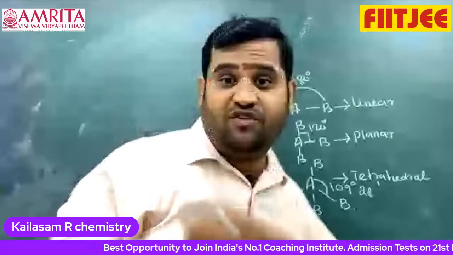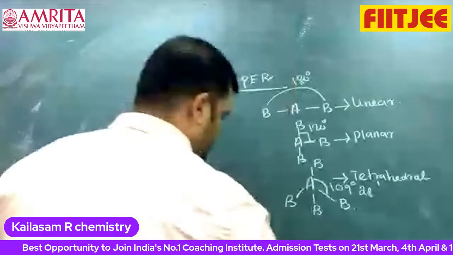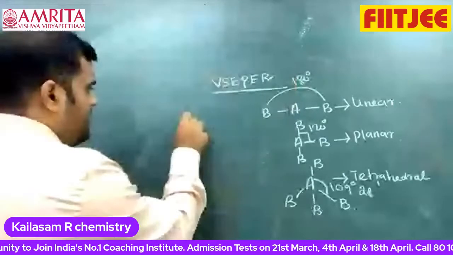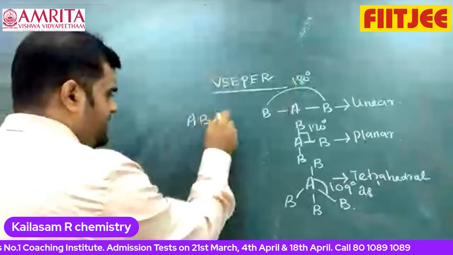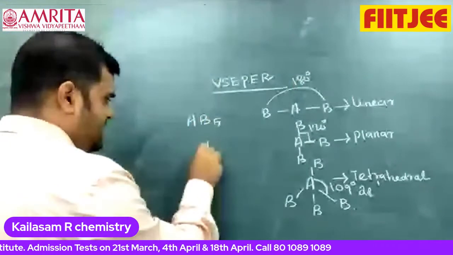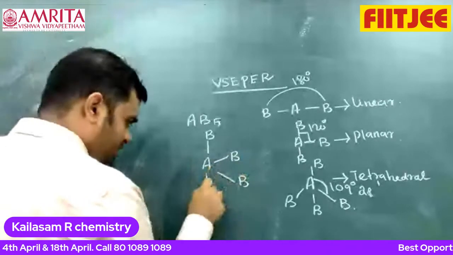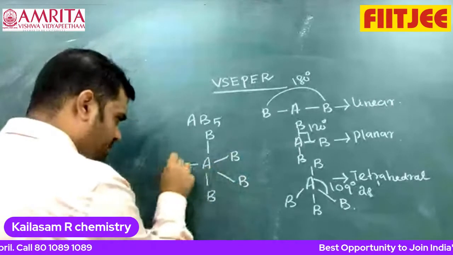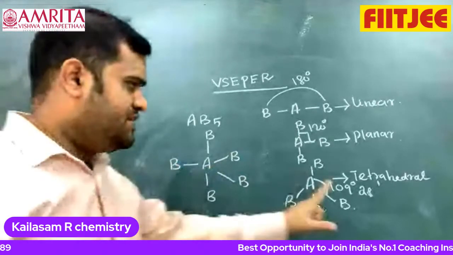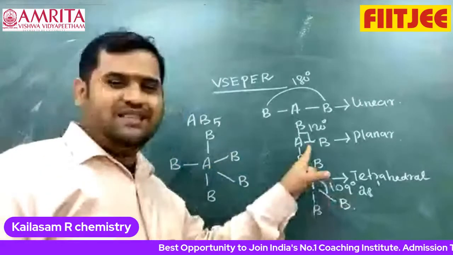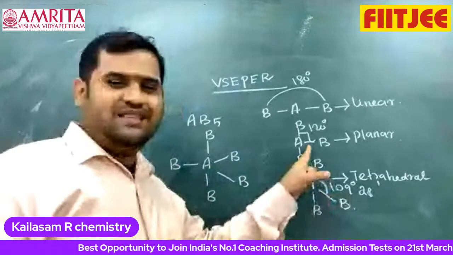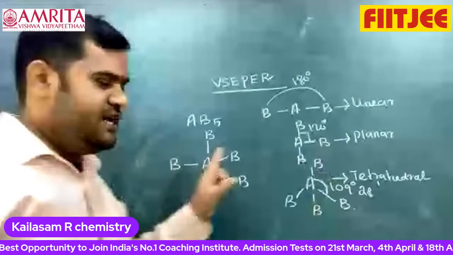Now we take the example of AB5. I'm going with AB5. In this case, A, and this is B, B, this is B, this is also B. Now I can say AB4 is tetrahedral, AB3 is trigonal planar, and AB2 is linear.